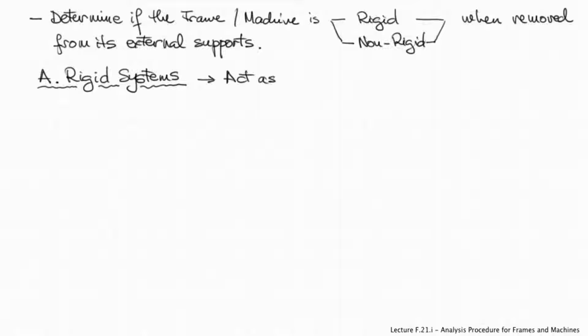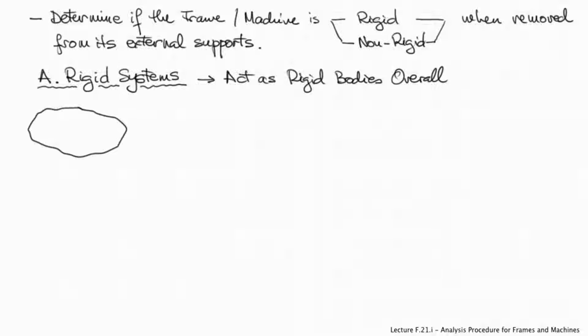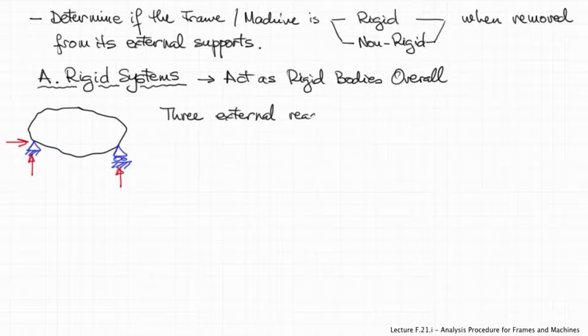For example, rigid systems will act as a rigid body overall, so they cannot change shape if removed from their supports. Like this one here in this picture. And in order for this system to achieve equilibrium, all you need for a rigid body is to have three external reaction forces that are neither parallel nor concurrent at a point.